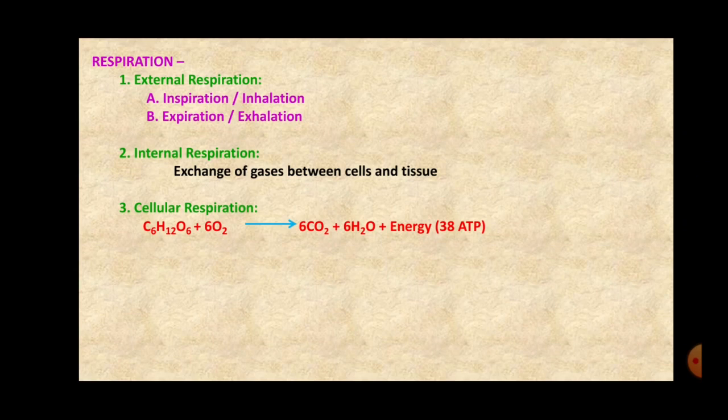That means one molecule of glucose produces 38 molecules of ATP, that is adenosine triphosphate. So this is how the energy is produced, which is used to carry out the different life processes inside our body.